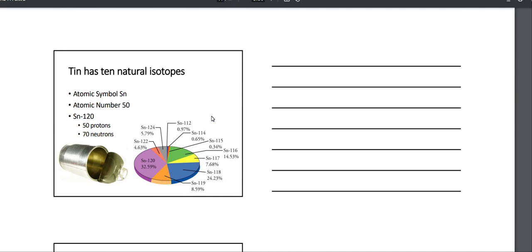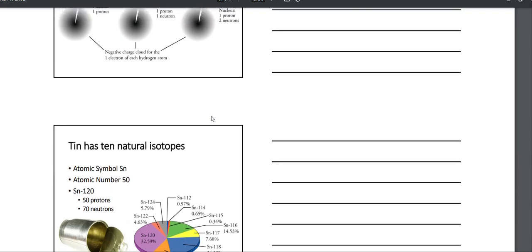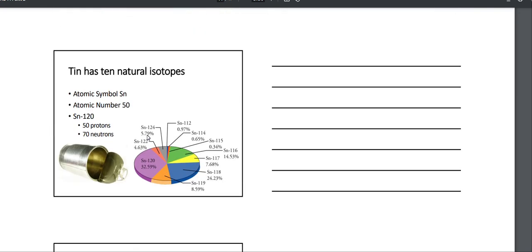For example, this is the only isotope that is known for hydrogen, deuterium, and it is widely used in chemistry, chemical analysis and chemical studies. But when it comes to tin, for instance, it has many different isotopes, as you can see here.